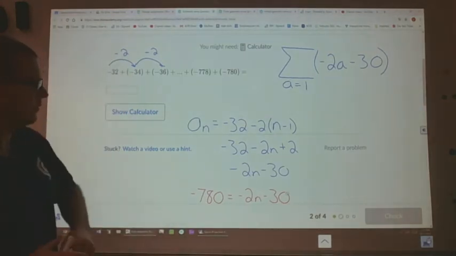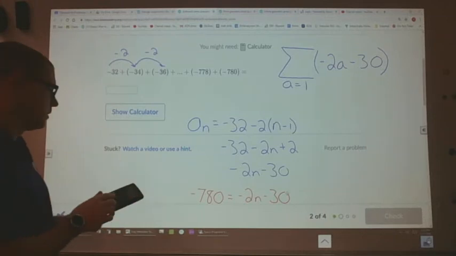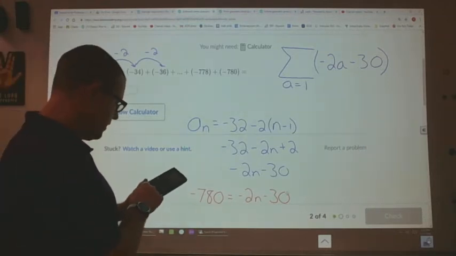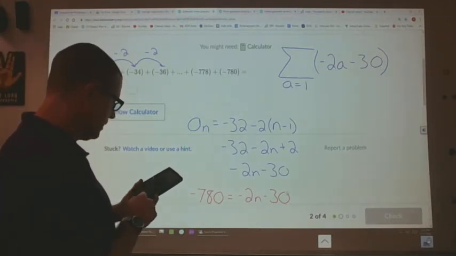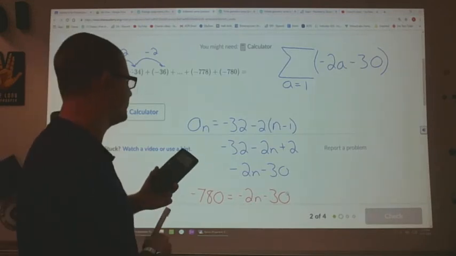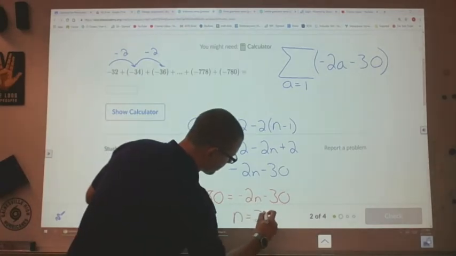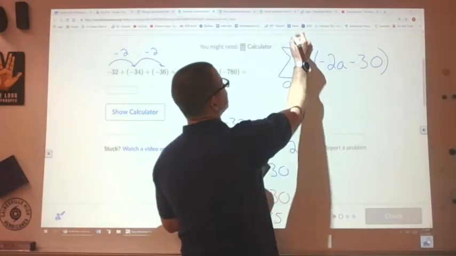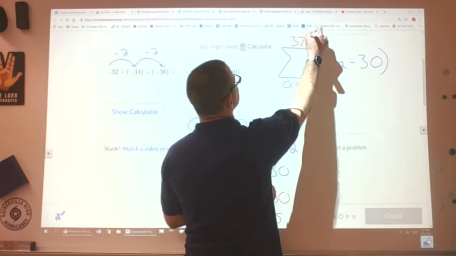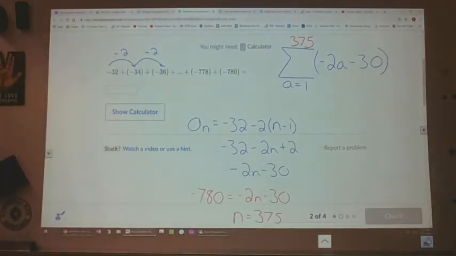So I can do it that way. So negative 780 plus 30 divided by negative 2 is 375. Which means that's the 375th term of that sequence, excuse me.